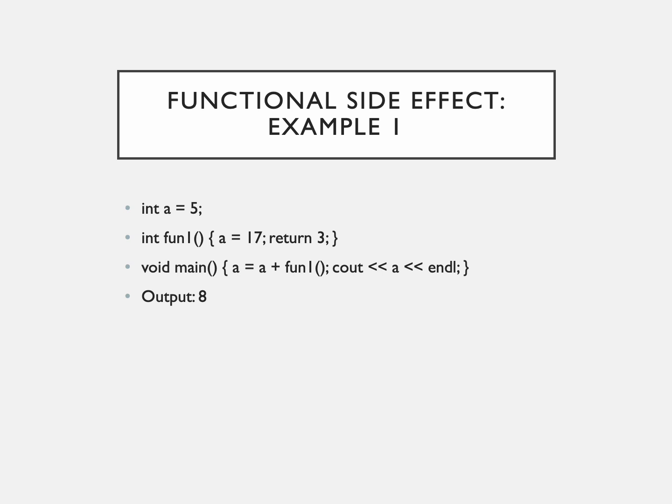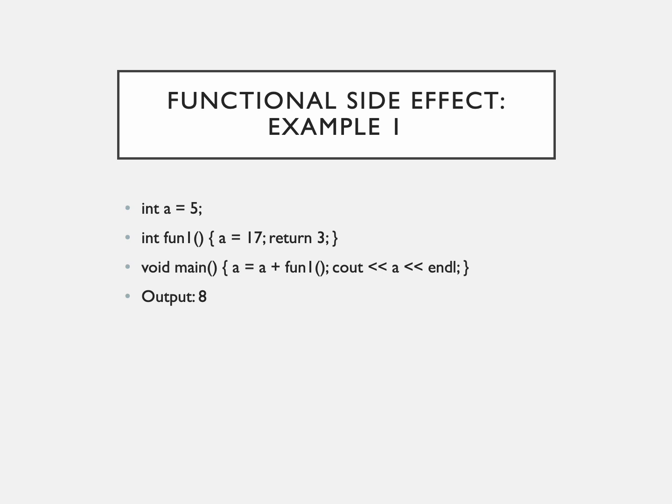But let's analyze the behavior more closely. Initially a was equal to 5. Now, function 1 modifies a to 17 and returns 3.